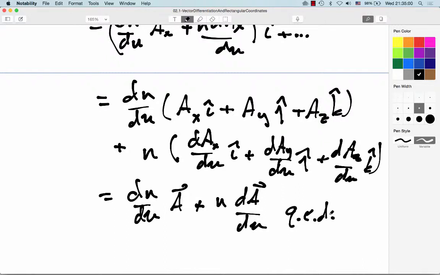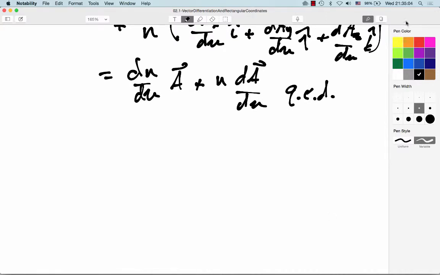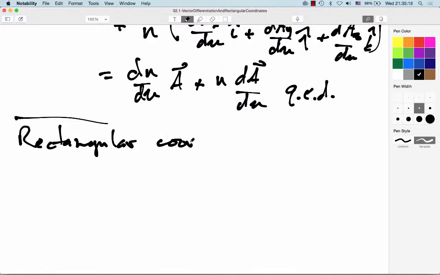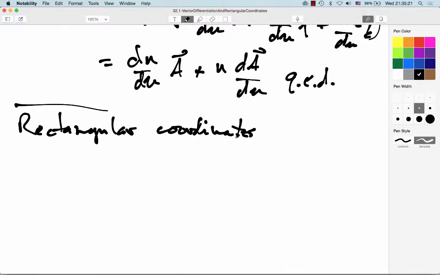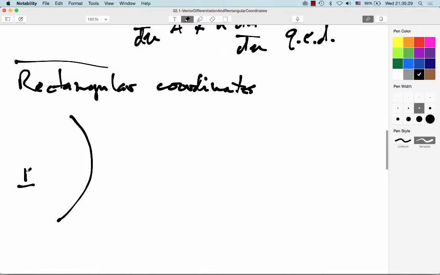So now let's go and explore what happens when we try to differentiate things in rectangular coordinates. Let's think about, say, this is the trajectory that something is moving on.